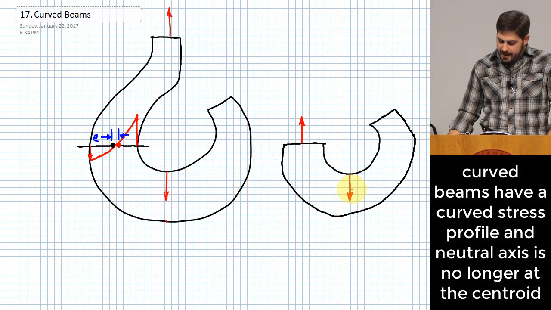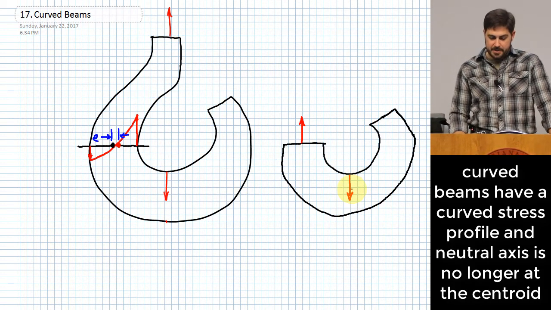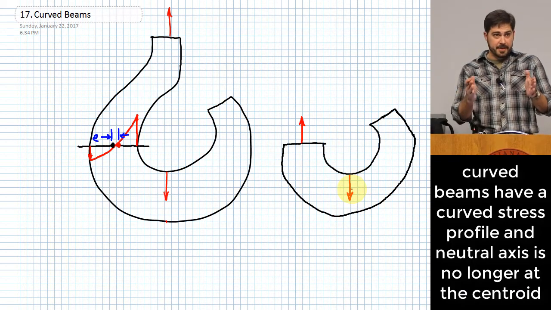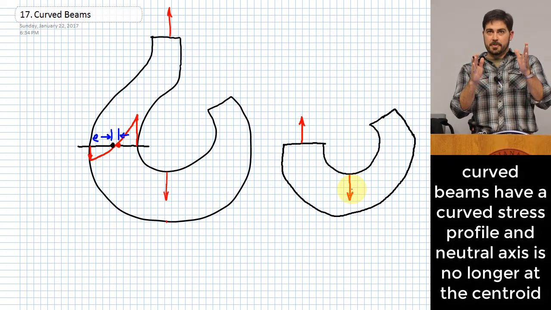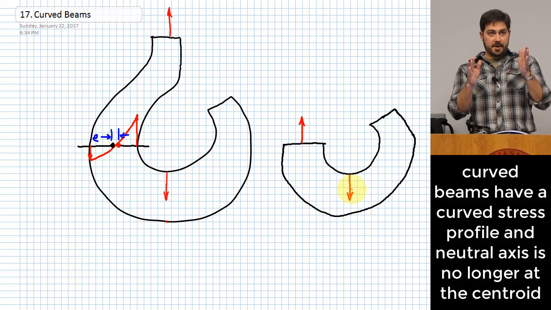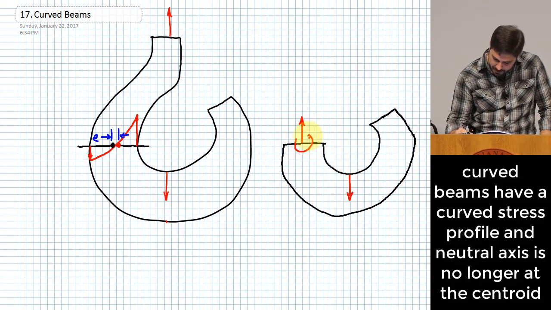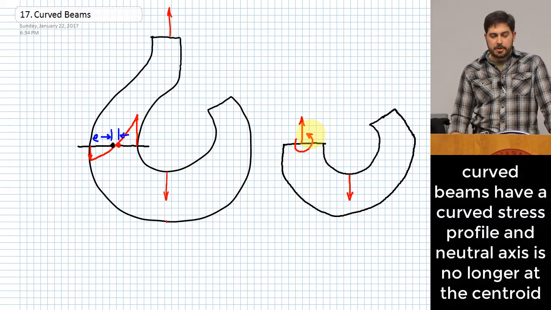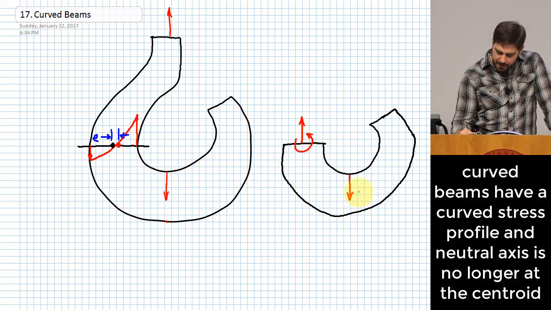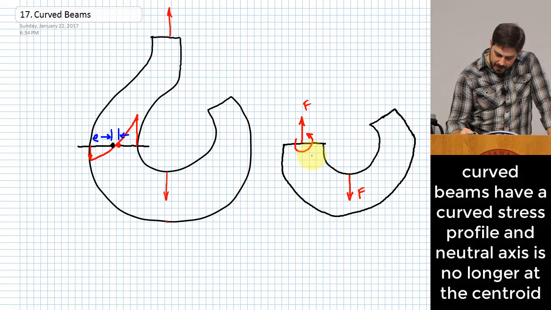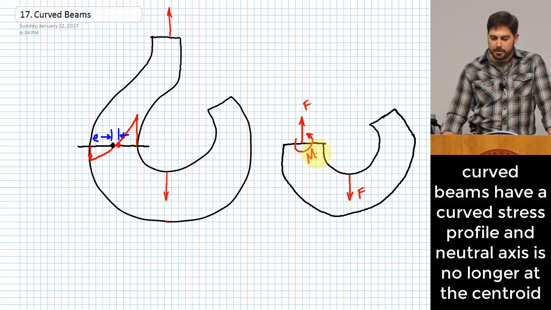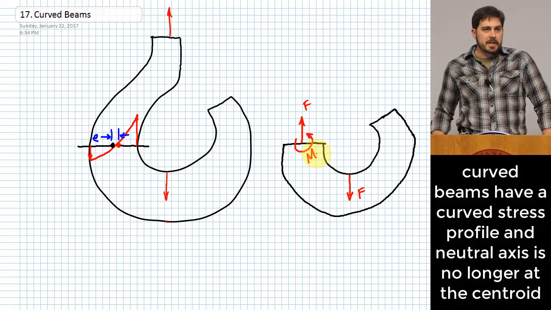But the other thing that has to happen there, because if those are the two forces that we have, it's not going to be in equilibrium yet unless I add something else. So there's going to be another reaction that keeps it in equilibrium. It has to have both a force reaction and a moment reaction, and that moment reaction is a bending moment.